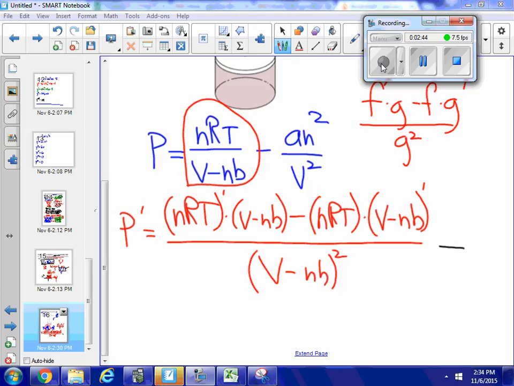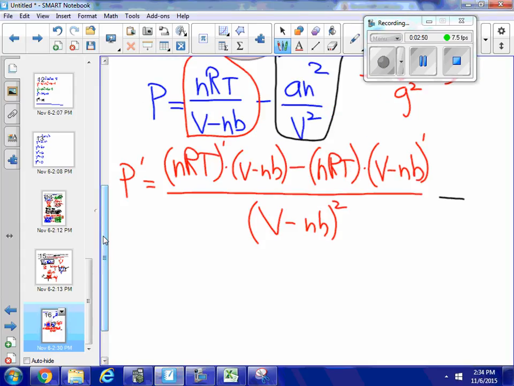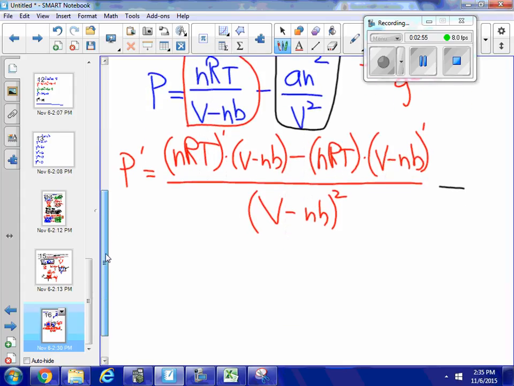Minus, now I'm going to set up this piece, I'm going to do this piece here in black. So that's going to be, again, I have F prime G minus FG prime.